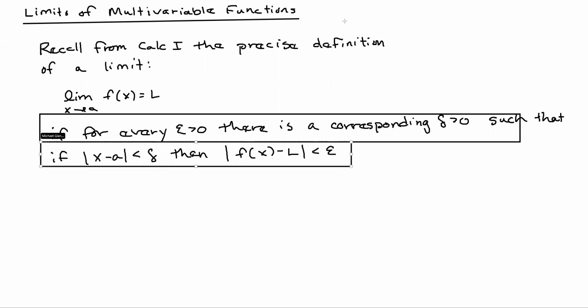So what do these two pieces say? This first piece, if you wanted to translate it, just says that for every epsilon there's a corresponding delta. What that's saying is that there is a link between epsilon and delta.